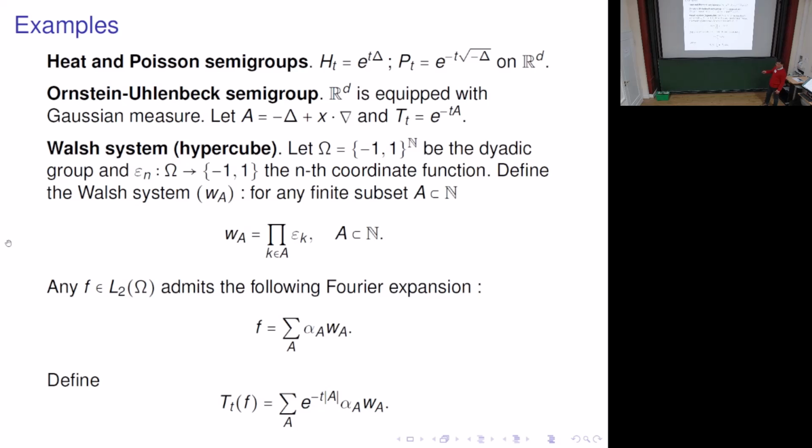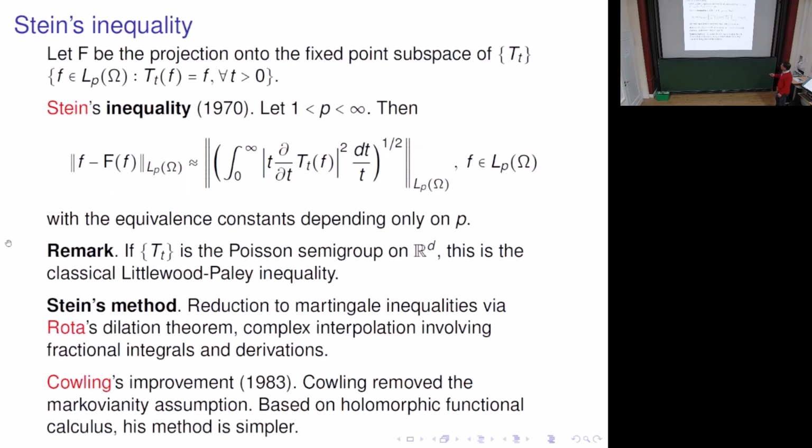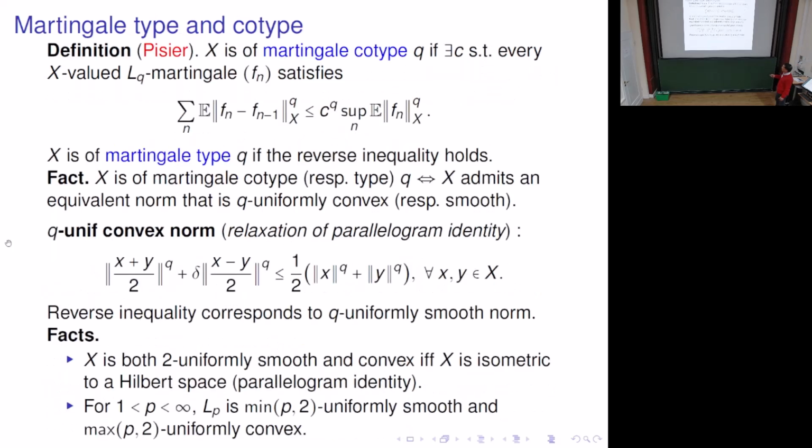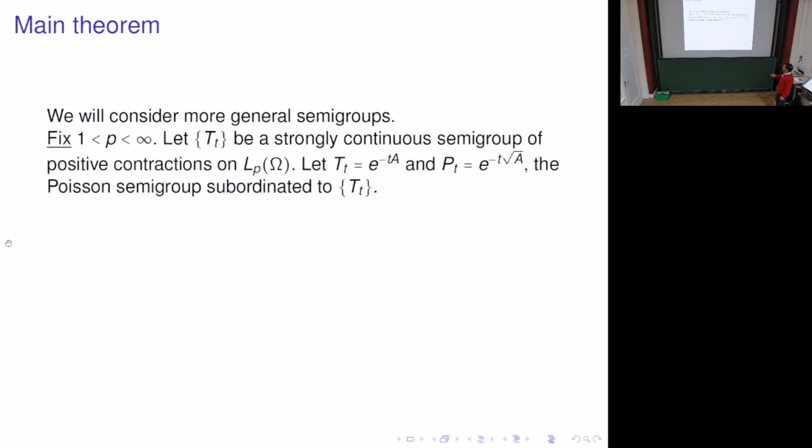So we wish to extend this theory to a more general setup. For example, now we fix one p strictly between 1 and infinity. We consider a strongly continuous semigroup of positive contractions on L^p. So p is fixed.